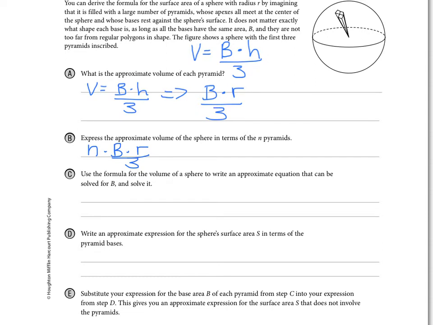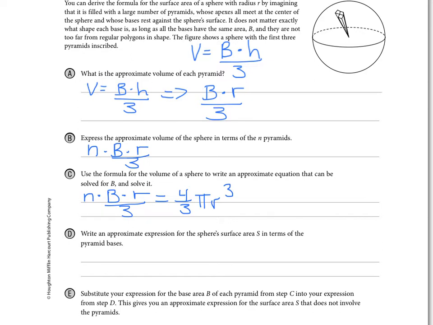Then in part C, I'm going to set that formula I just came up with, n times b times r over 3, equal to the volume of a sphere formula. Remember, that is our 4/3 pi r cubed formula for the volume of a sphere.